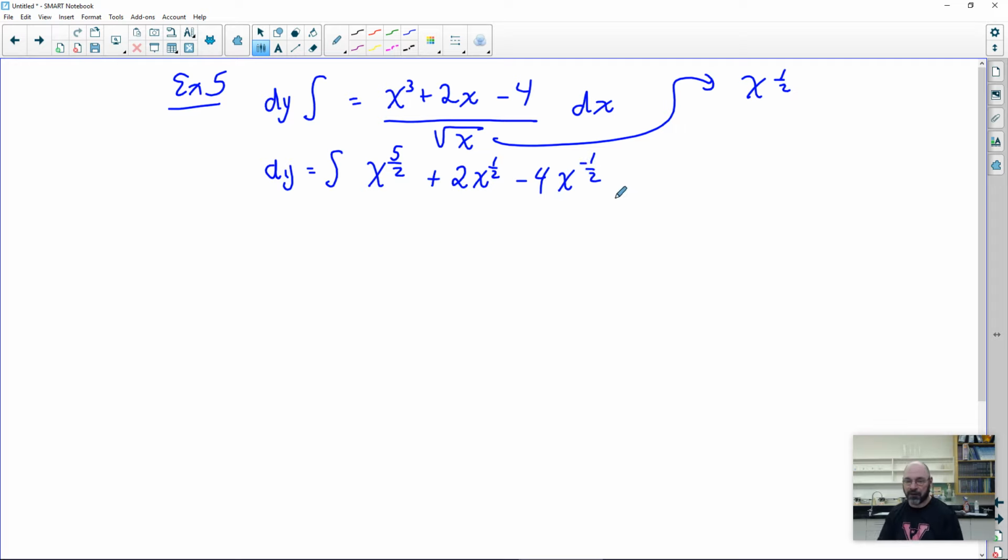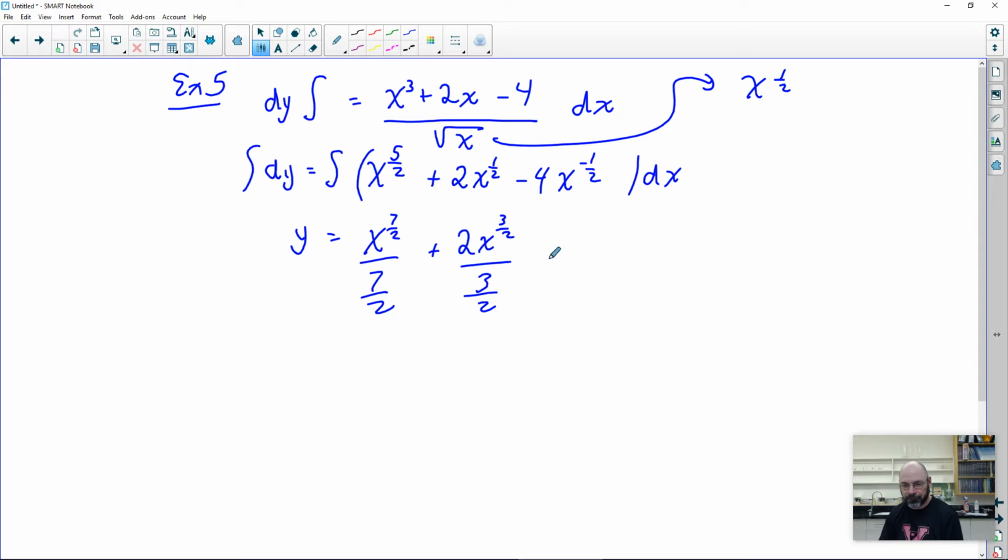Okay? And then you could use your power rule to integrate that now. So if we were to integrate that, y would equal x to the 7/2 over 7/2 plus 2x to the 3/2 over 3/2 minus 4x to the 1/2 over 1/2 plus c.